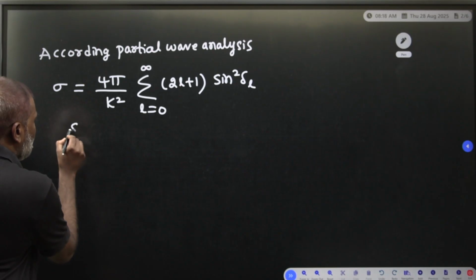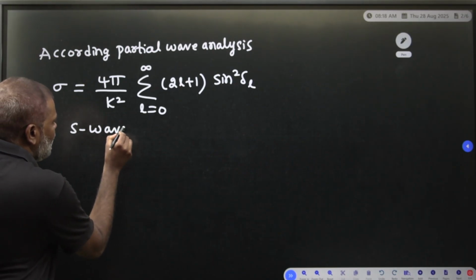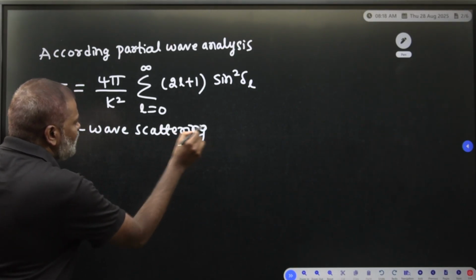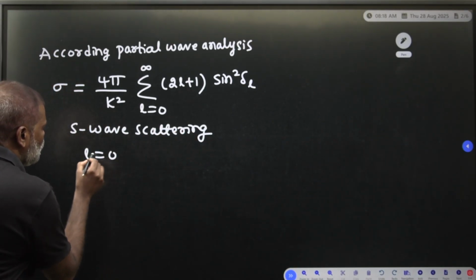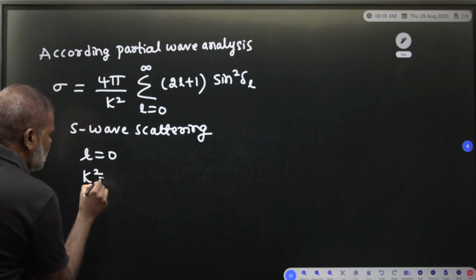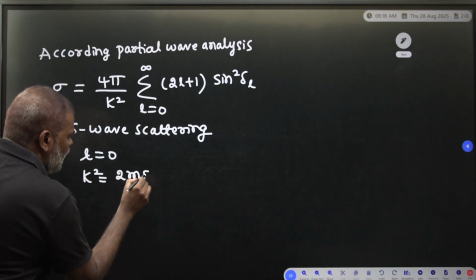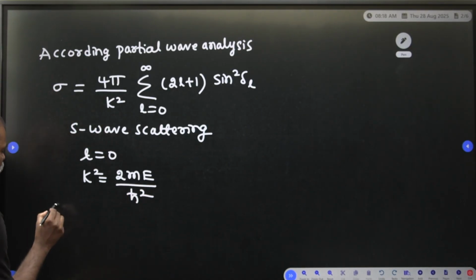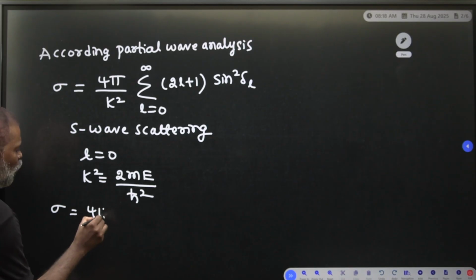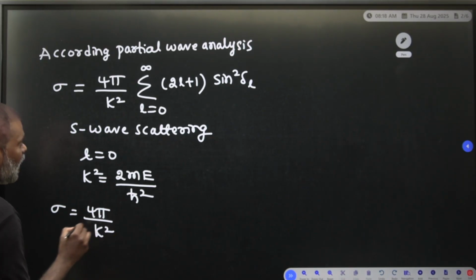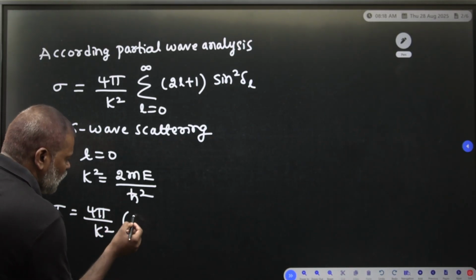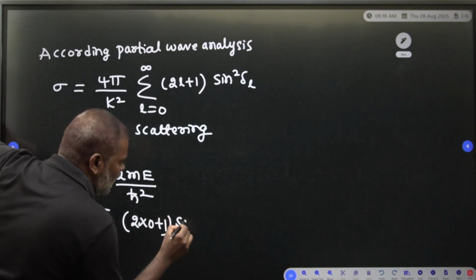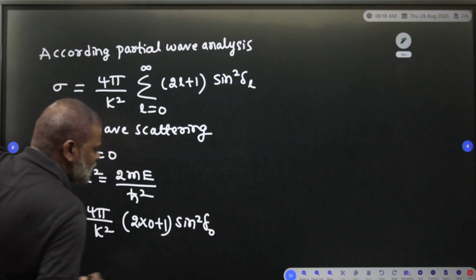For S wave scattering, L is equal to 0, and k square is equal to 2mE divided by h cut square. So sigma is equal to 4 pi by k square into 2 into 0 plus 1 into sin square delta 0.